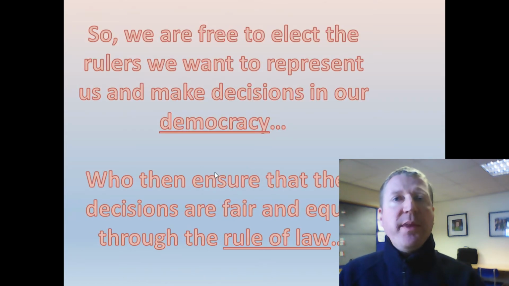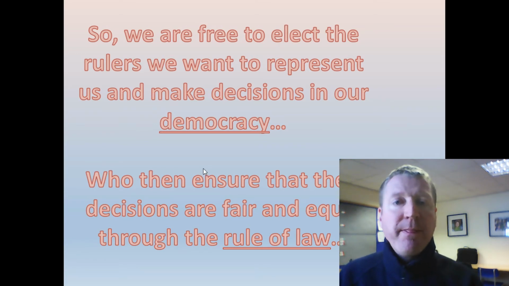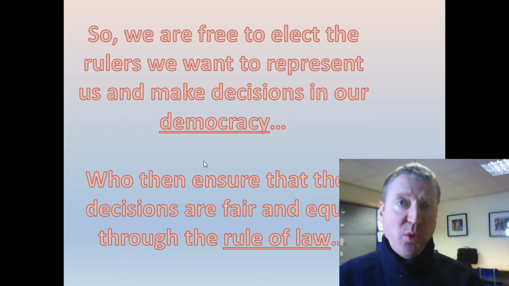So that got me thinking, we're free to elect the rulers we want to represent us and to make decisions in our democracy. We looked at that in our first assembly. And it's those leaders who then ensure that their decisions are fair and equal, and those decisions are then put together through the rule of law and the laws that we have to follow and that help to keep us safe.